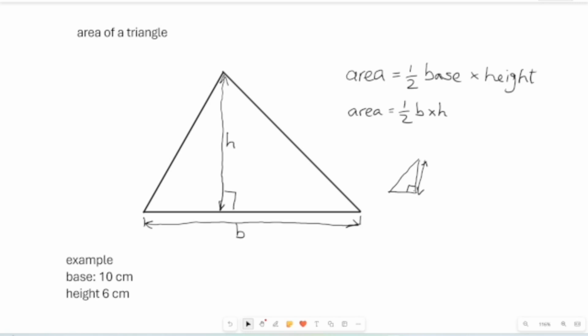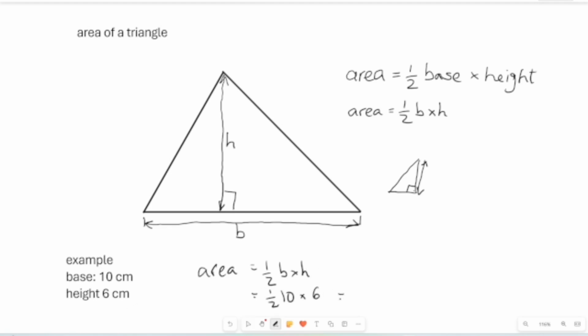So as an example, we'll look at a triangle with a base of 10 centimeters, a height of 6 centimeters. So to calculate the area, we might write the formula first, and then we put in the values. 1/2, now the base was 10 centimeters, and the height was 6 centimeters.